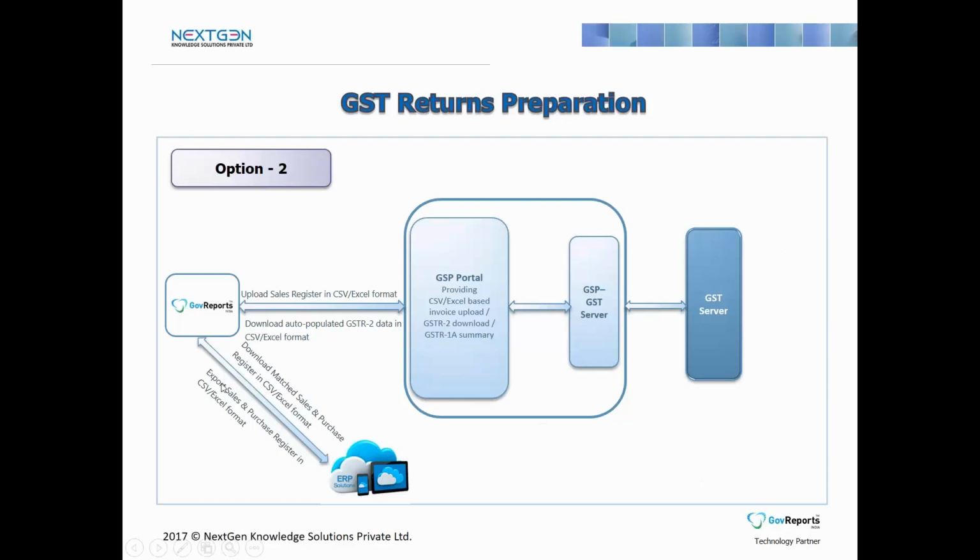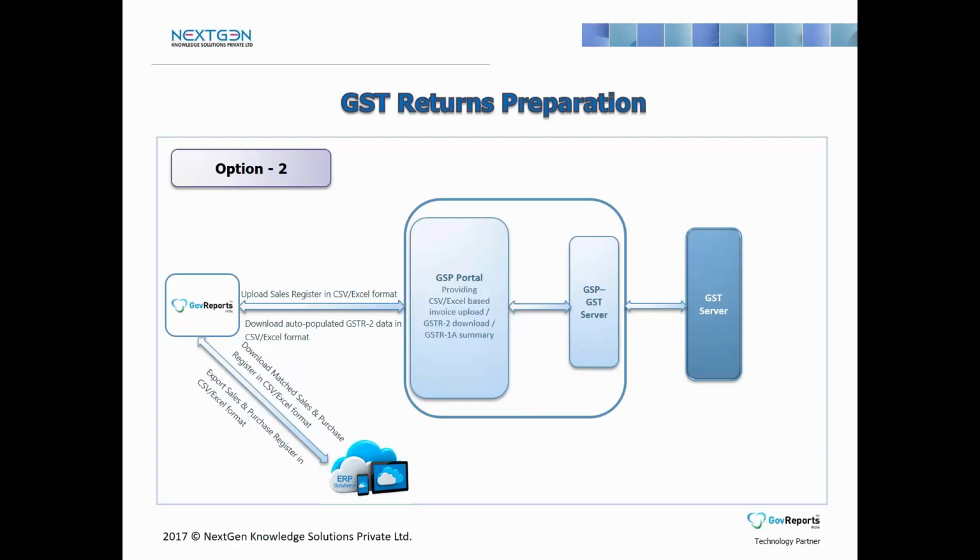See, this is option 2 where sales register and purchase register from Tally can be exported and it can be imported in the compliance software in Excel or CSV format, and thereafter all those invoice level data of sales and purchase will be available in compliance software, which we have put by way of manual entry.